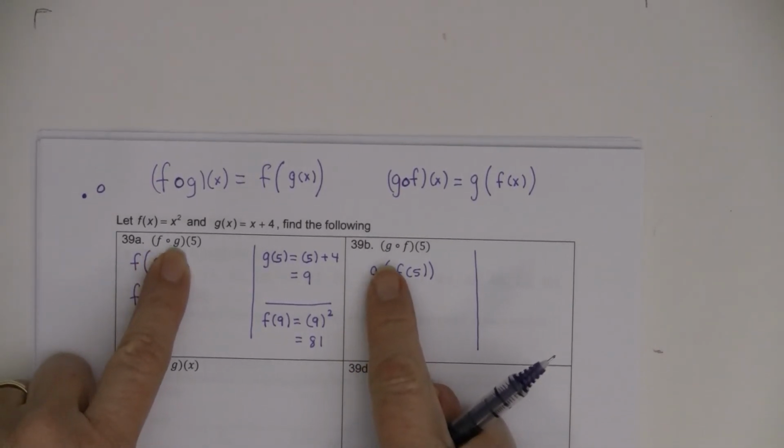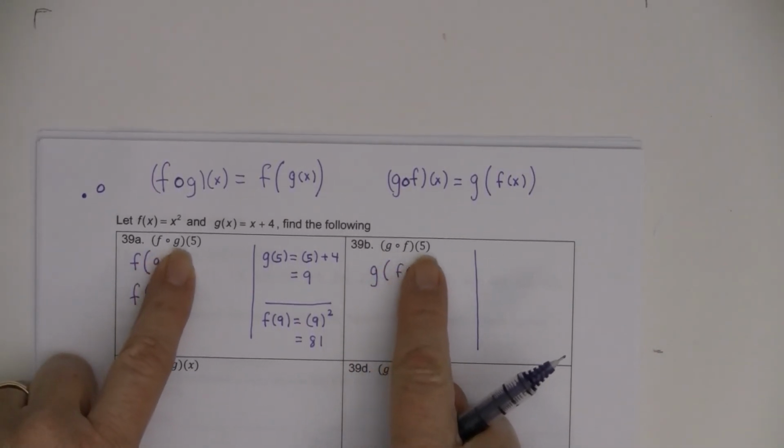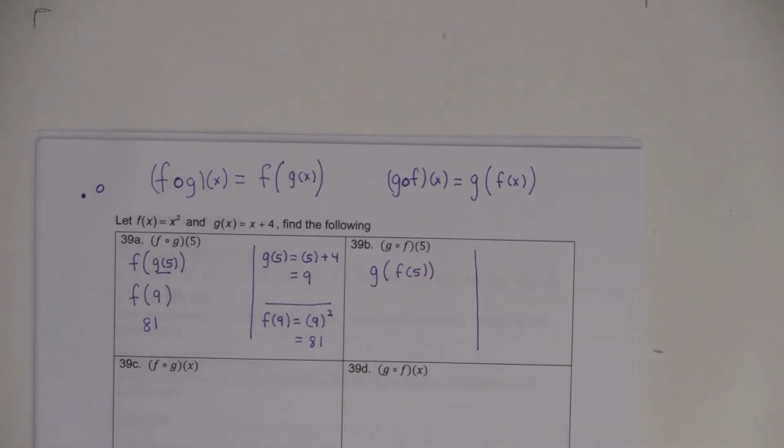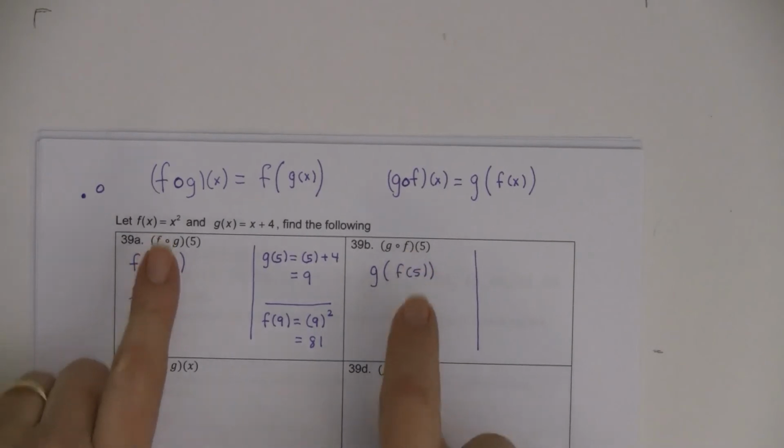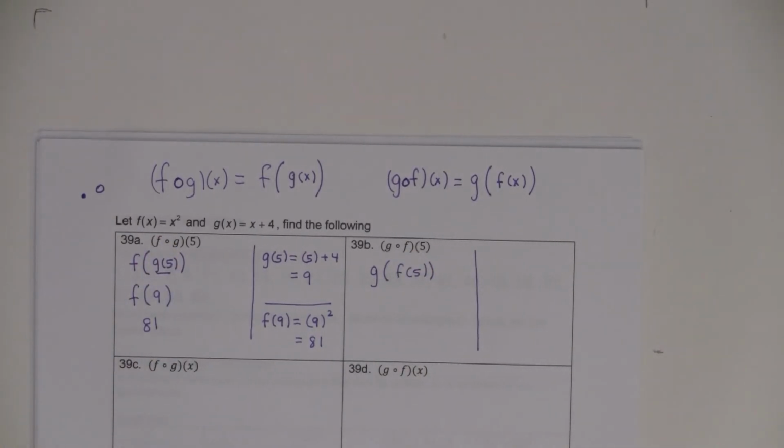F composed with G at 5 and G composed with F at 5 are not typically the same value. They wouldn't be the same value for every function F and G. But they might be the same, and then those are going to have a special name, and you're going to learn about those when they're equal. When these actually give the same result, it's special. And so I don't think that's going to happen here.